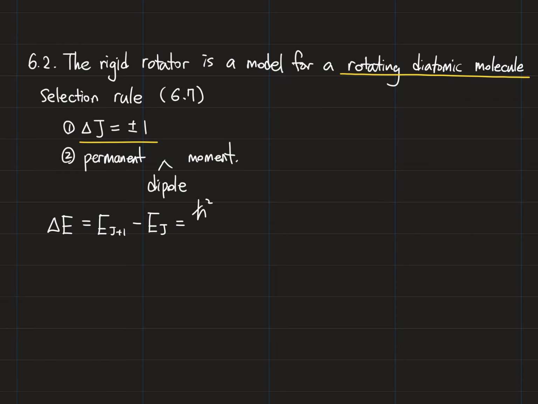They are given as h bar squared divided by 2I, which is exactly the rotational constant, times (J+1)(J+2) minus J(J+1).